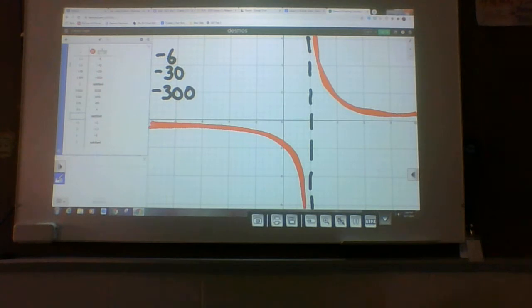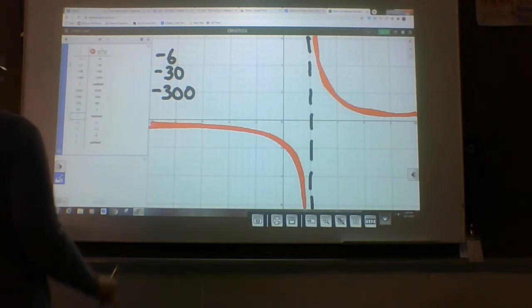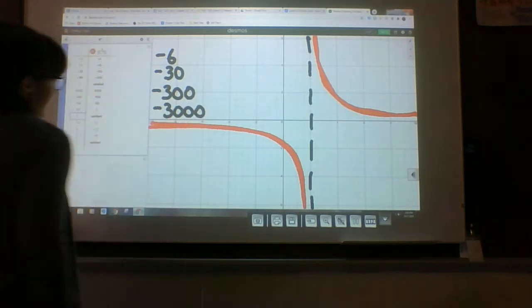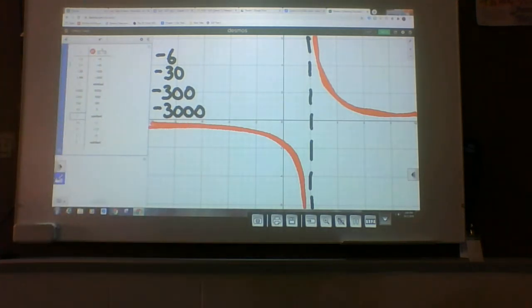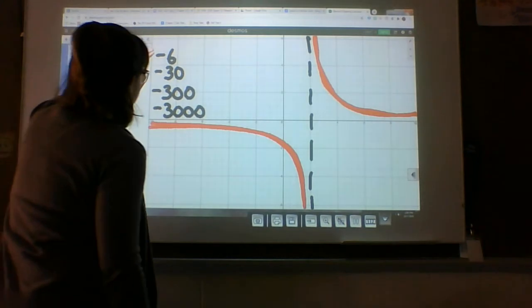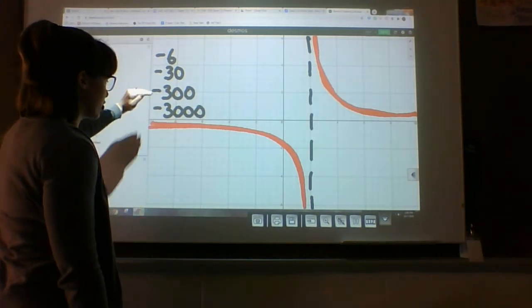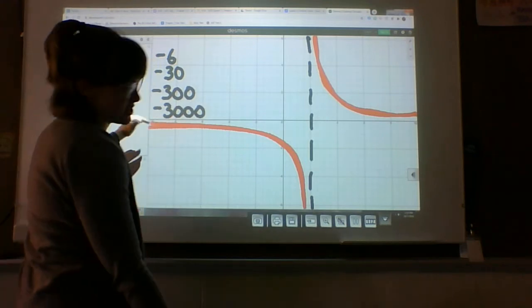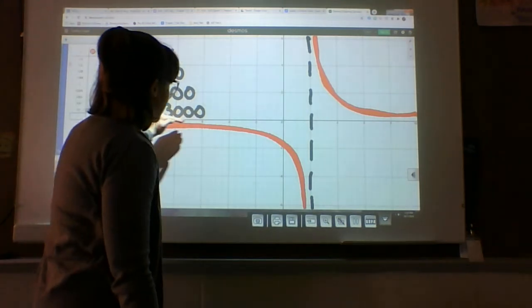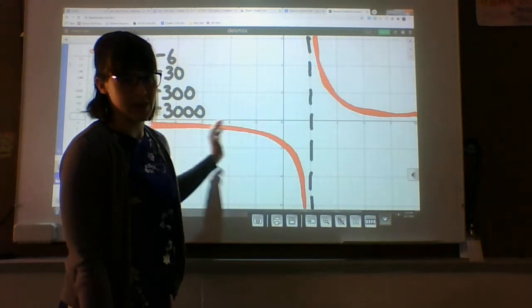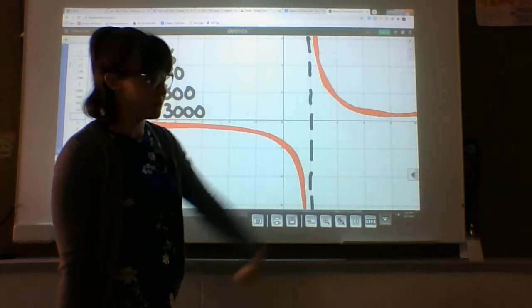Then I typed in 1.999, so we're getting closer and closer to 2, and I got -3,000. I want to point this out. If you can notice, these are getting more and more negative, like they're getting larger and larger, but more negative. And you can see that in this picture because it is sharply going down, more and more negative as we get closer and closer to x equals 2.